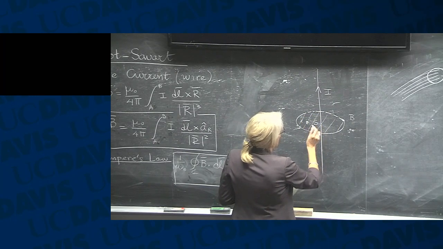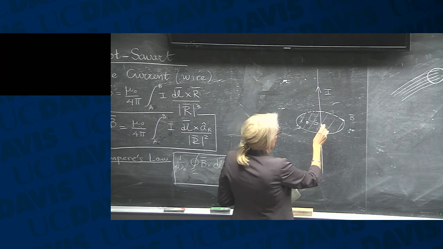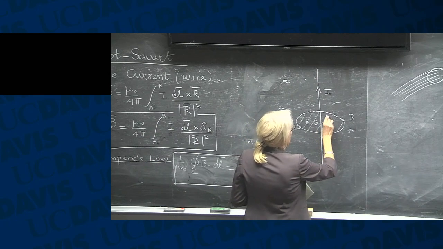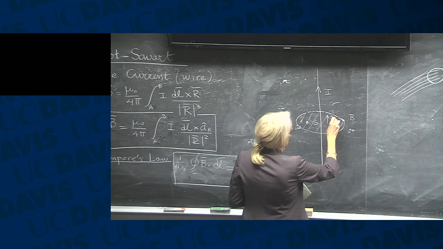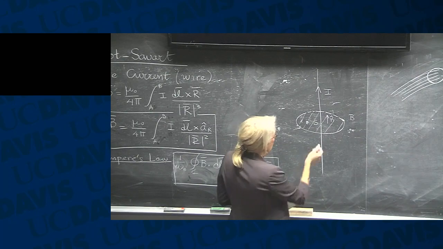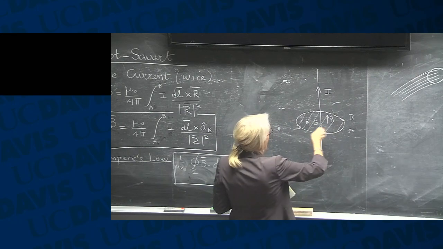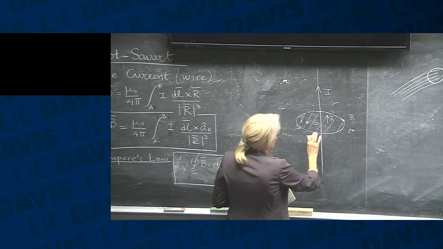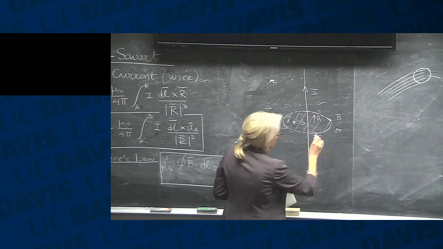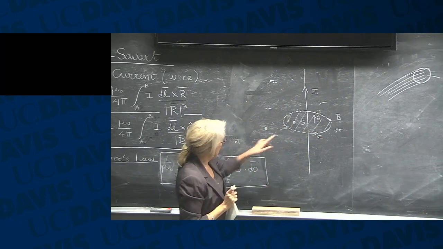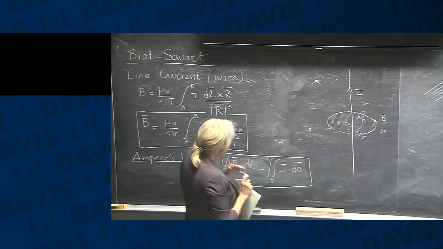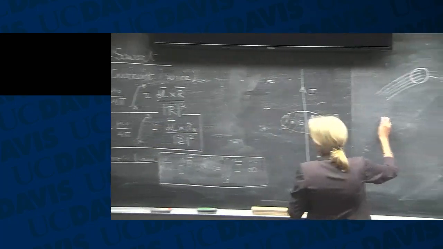That's surface S. What is the direction of this surface? I take as the direction this one. Okay? What will be the direction of the line that encloses the surface? This, C.